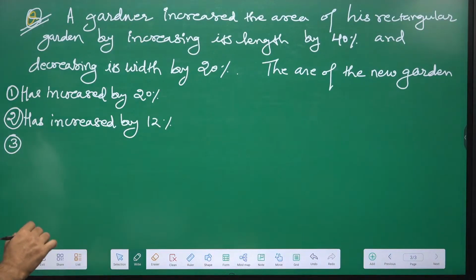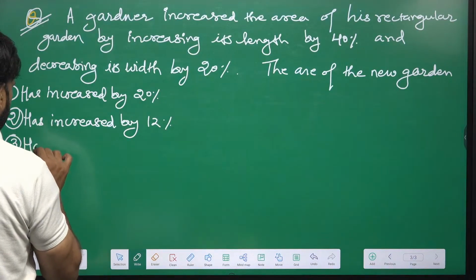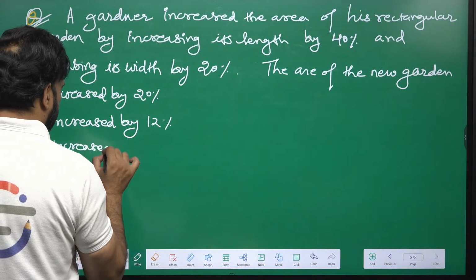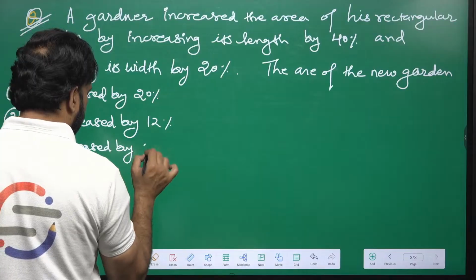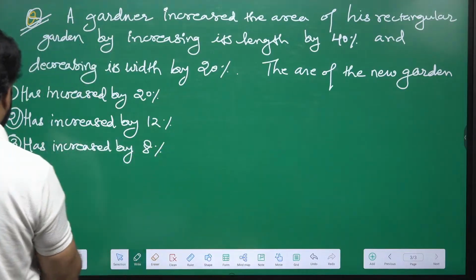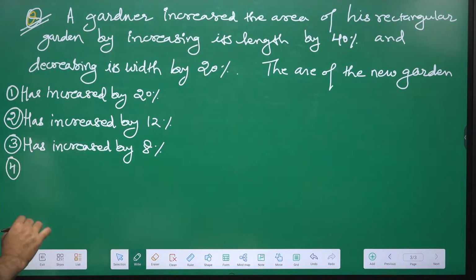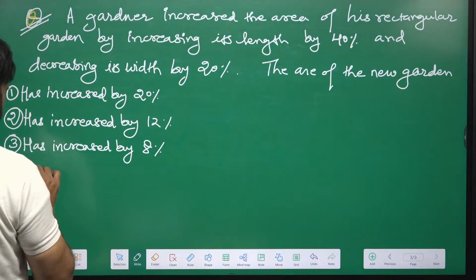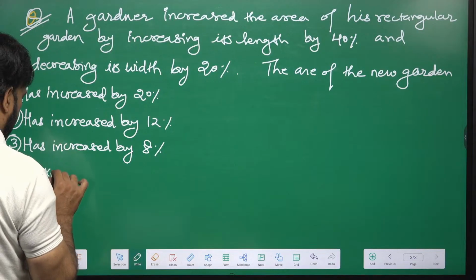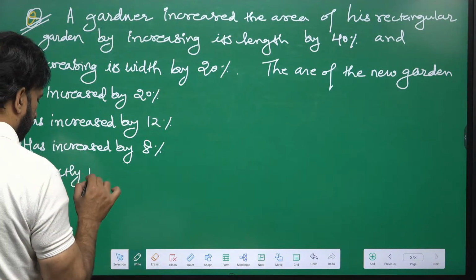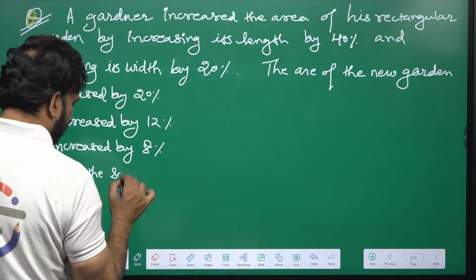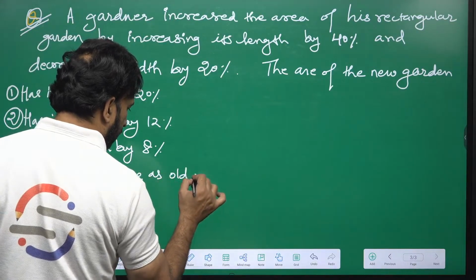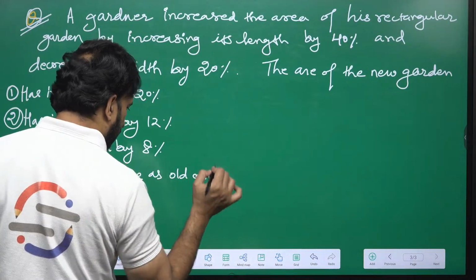Statement 3: has increased by 8%. Statement 4: is exactly the same as the old area.